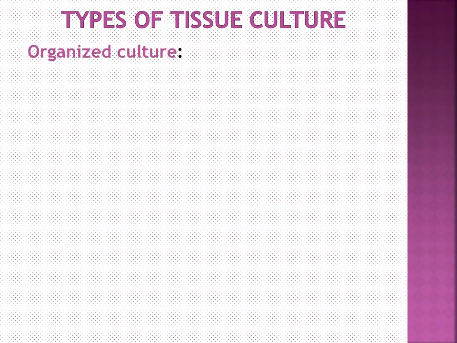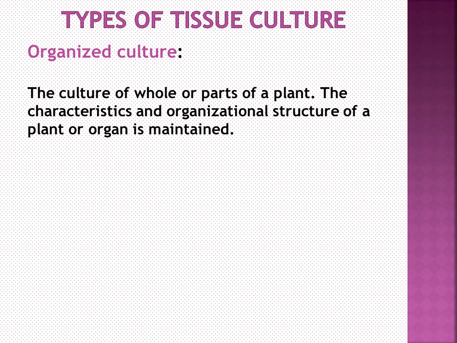Types of tissue culture. There are two types of tissue culture, organized culture and unorganized culture. In the organized culture, the culture of the whole or parts of the plant is done. The characteristics and organizational structure of a plant or organ is maintained.